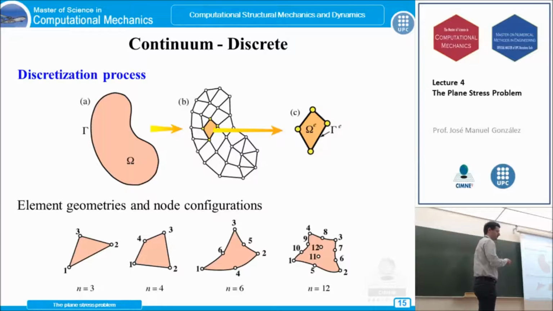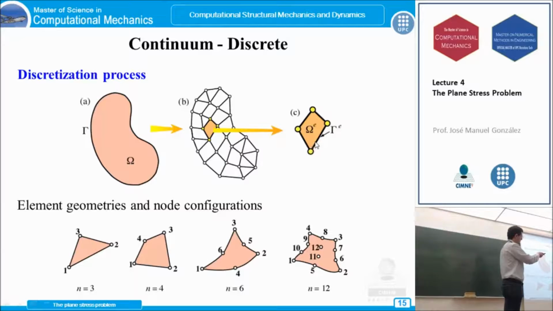So again, that was the formulation, the total potential energy principle for the continuum space. Now we're going to jump to the discrete space. This discrete space means that our continuum domain with this body and this boundary are discretized in a finite number of elements.